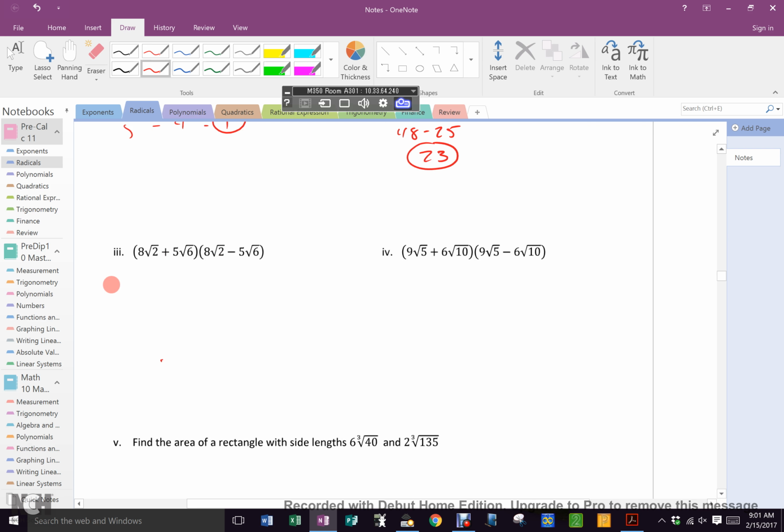So I get 64 root 4. That's that one. Minus 25 root 36. That's that one. Which is 128, because out comes a 2. And minus 150. Because out comes 6. 128 minus 150 is what?